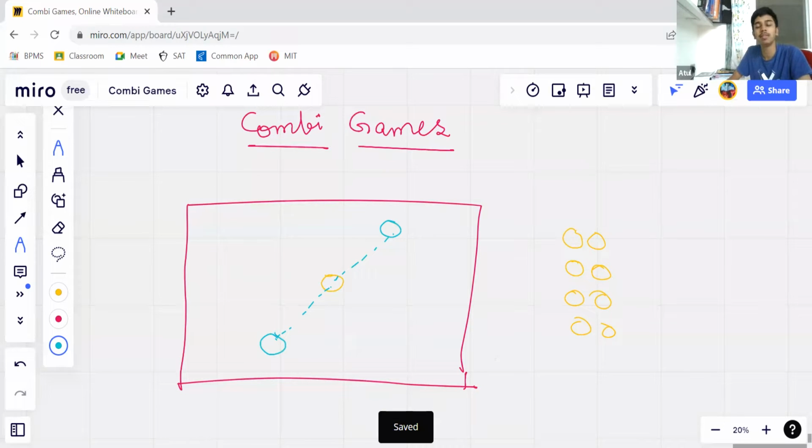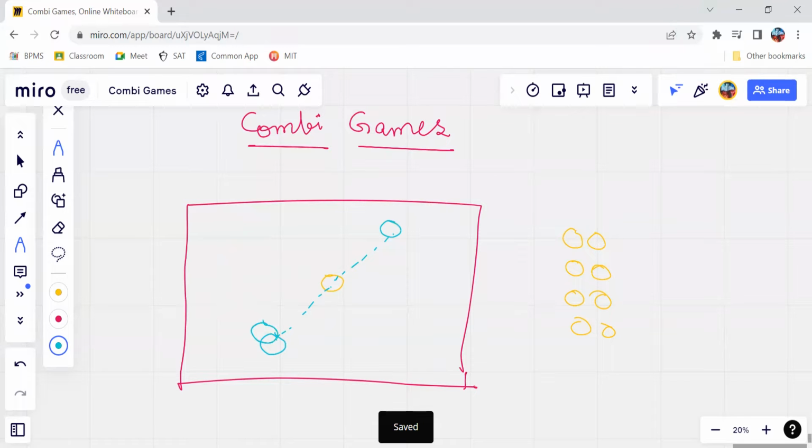So let's see why this works. The idea is that the first player always has a move. Every time the second player plays, suppose this is the place here. Suppose you could not play here. Then your path is being obstructed by some other coin.